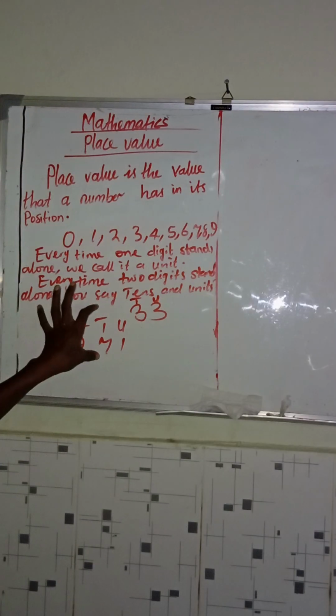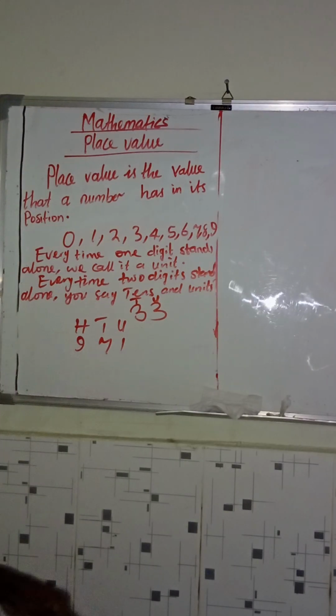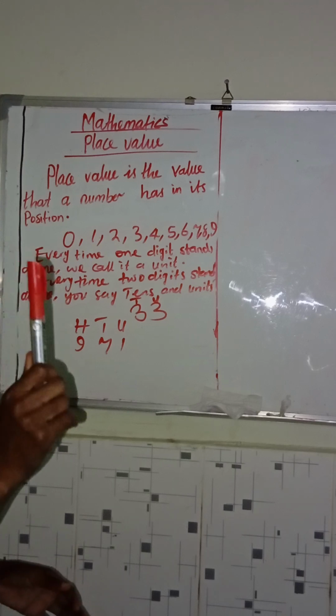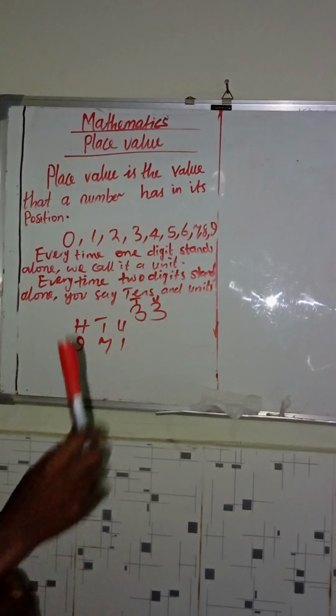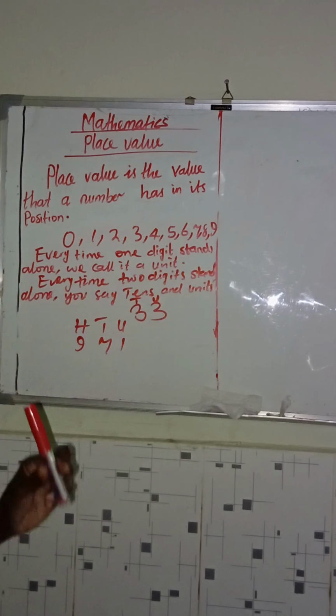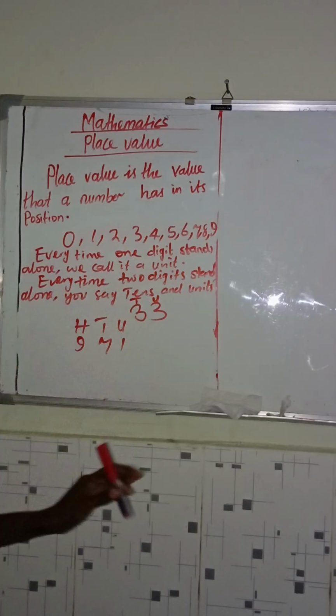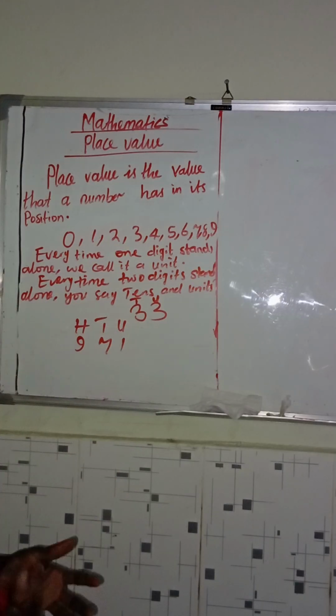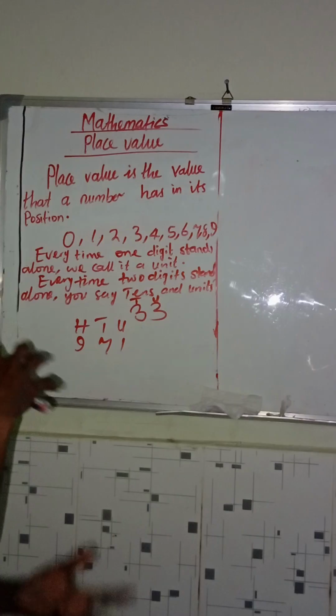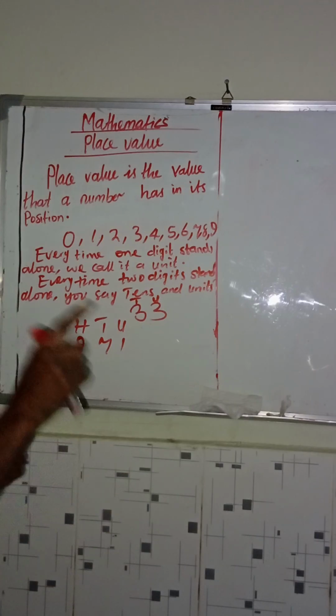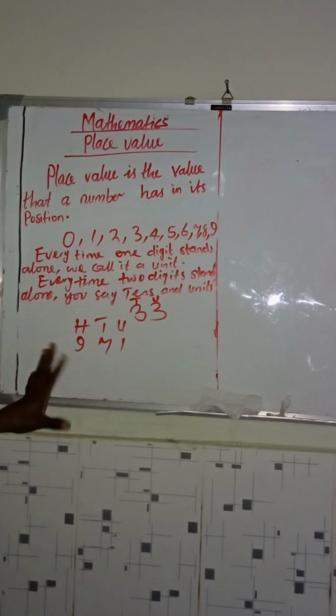And then here it means tens. Give me a group of 10 apples 7 times. And then here it means get me a group of 100 apples. How many times? 9 times.